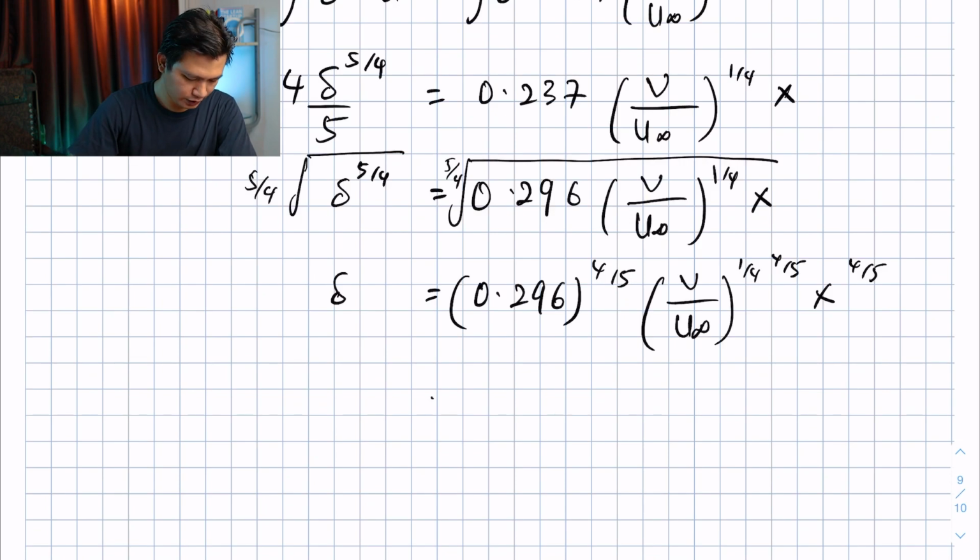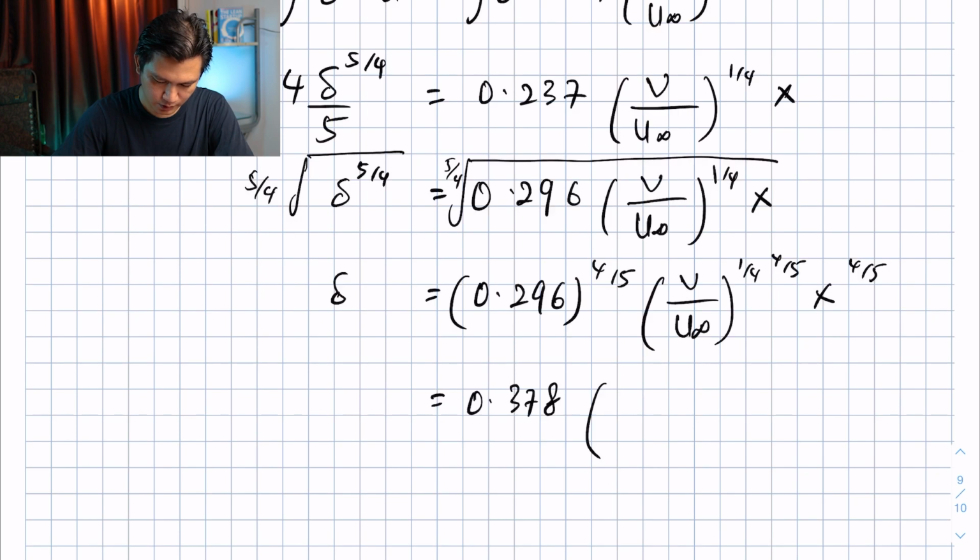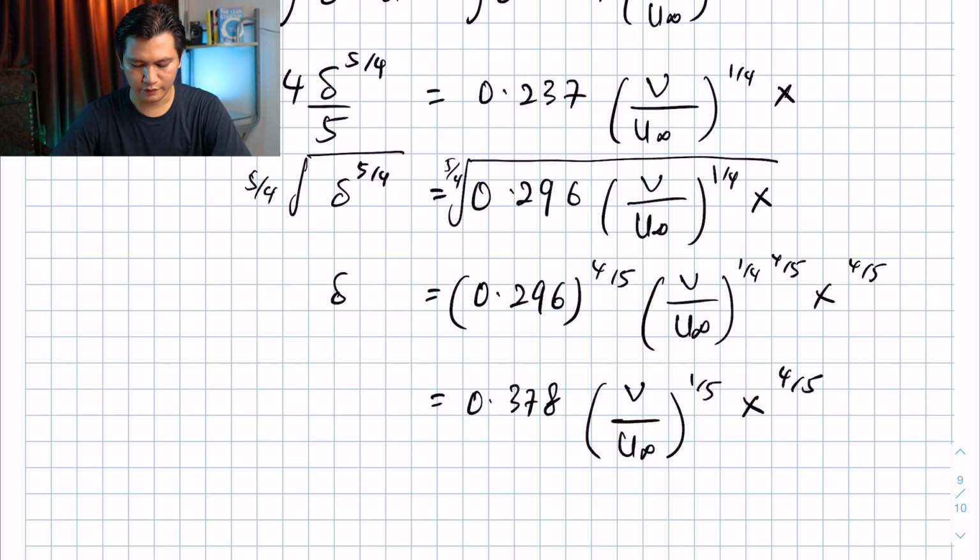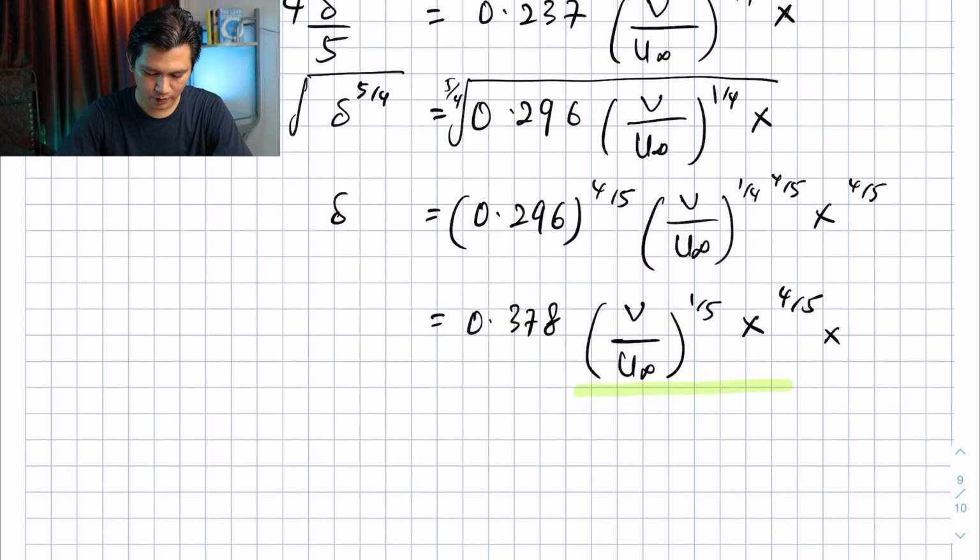And I'm going to end up with 0.296 to the power of 4 over 5. And this is going to be 0.378 nu over u infinity 1 over 5 times x to the power of 4 over 5. Now I can do a little bit of manipulation so that I have the Reynolds number term on the right hand side.